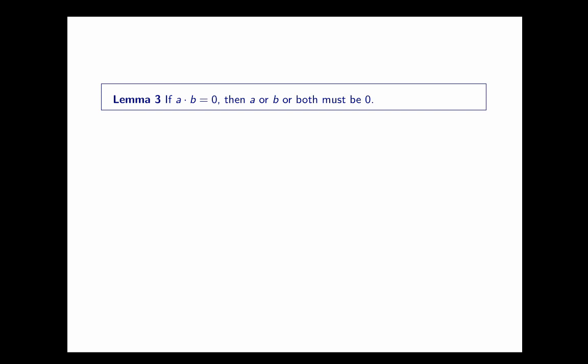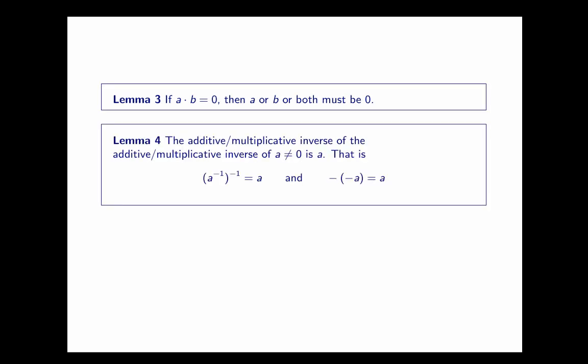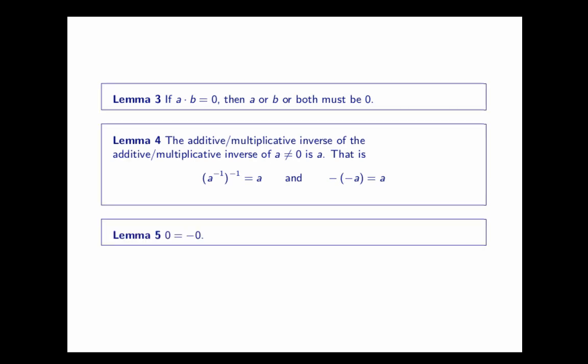Okay, another one. If a times b is 0, then a or b, or both, must be 0. Lemma 4. The multiplicative inverse of the multiplicative inverse of a non-zero number is that number. In other words, the reciprocal of the reciprocal of a is a, and negative negative a is a, so long as a is non-zero.